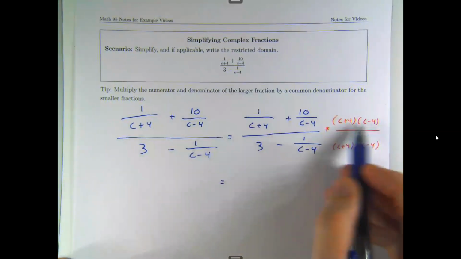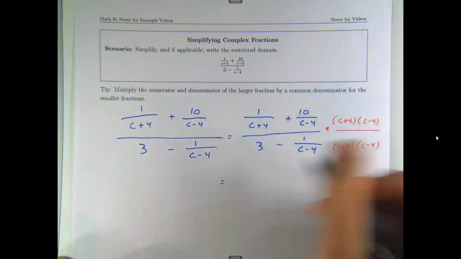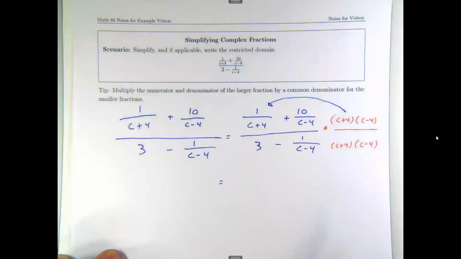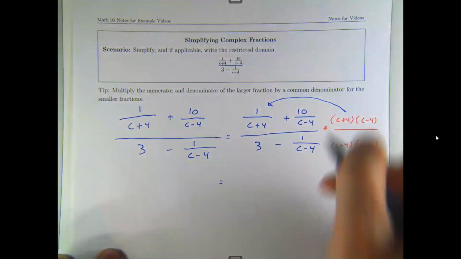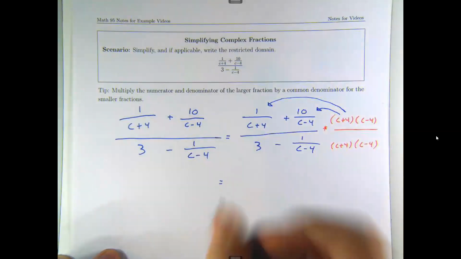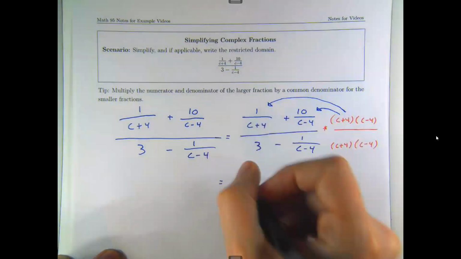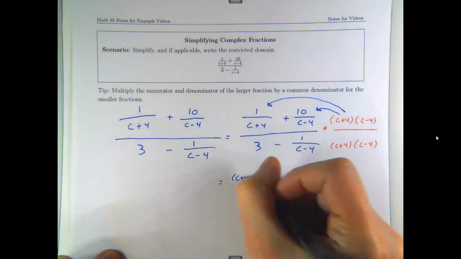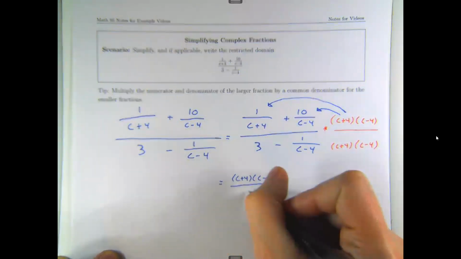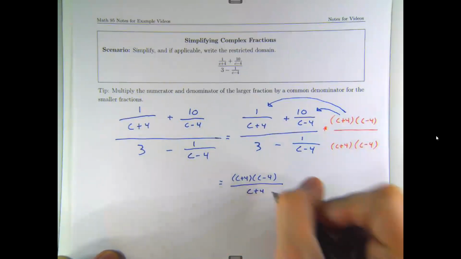I'm going to put all of these things, multiply them out. So I'm multiplying the first fraction by this. It'll show up in the numerator there. And the second fraction by this. So I'll have 1 times, so just c plus 4 times c minus 4 all over c plus 4.